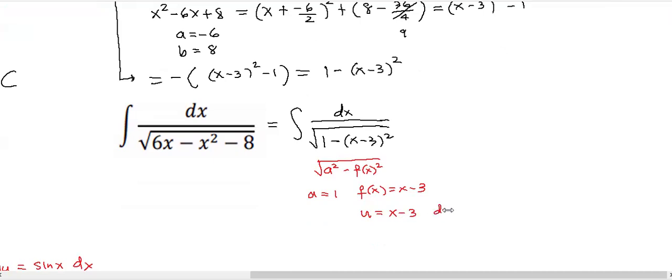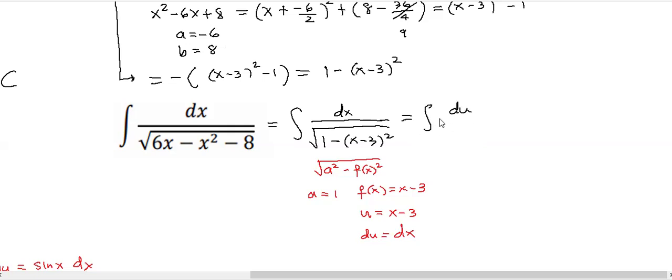Ang du natin, so let me just write it here, equals simply dx. So this one is equal to integral of, ano yung dx natin?